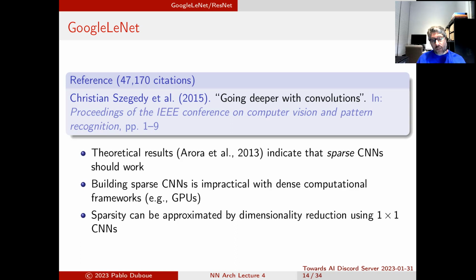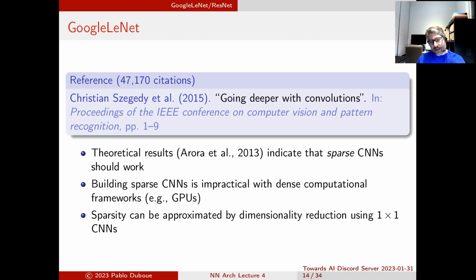They build upon theoretical results that indicate that sparse CNNs can be built layer by layer and can approximate functions properly. The problem of building sparse CNNs is that all the computational machinery we have available these days, with BLAS libraries and GPUs, etc., are very good for dense computational frameworks, so very good for features that are densely packed rather than sparse.